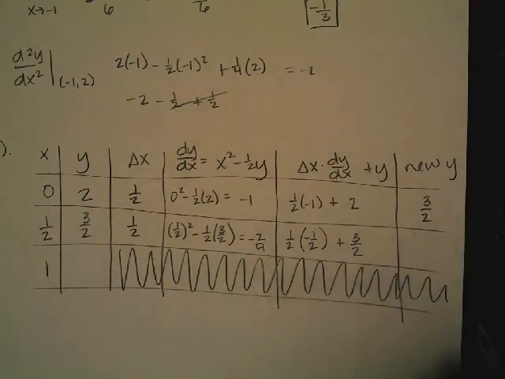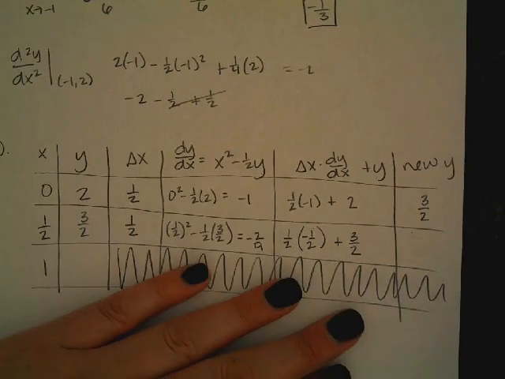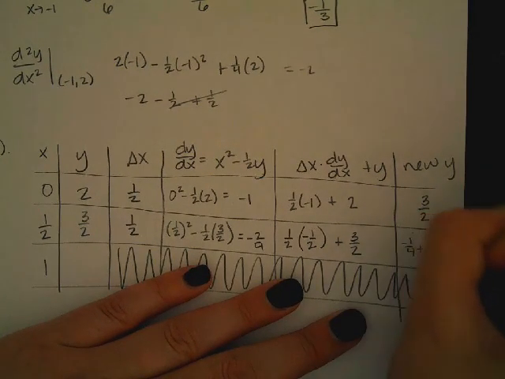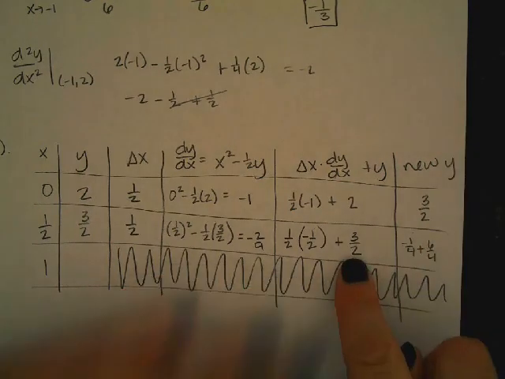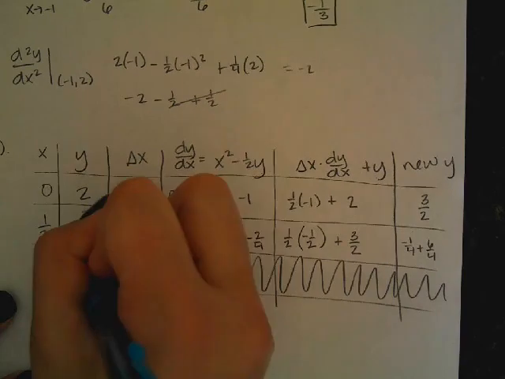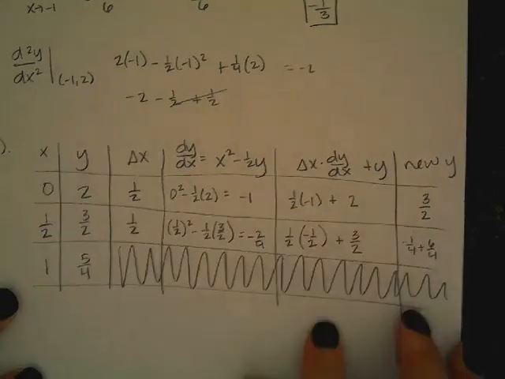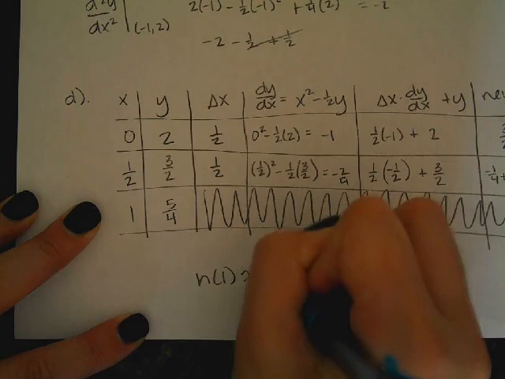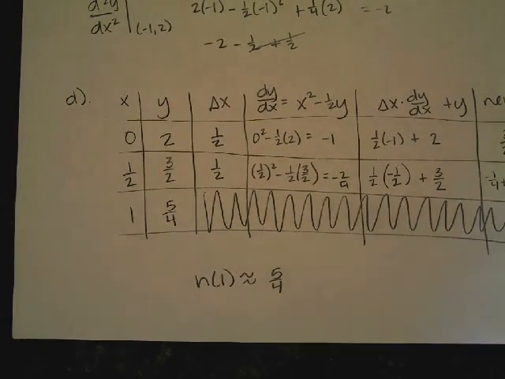So I've got -1/4 plus 6/4. So in my head, I'm thinking 3/2 is really 6/4, which gives me 5/4. And so I want to phrase my answer the same way. Approximate h of 1. H of 1 is approximately 5/4 using Euler's method.